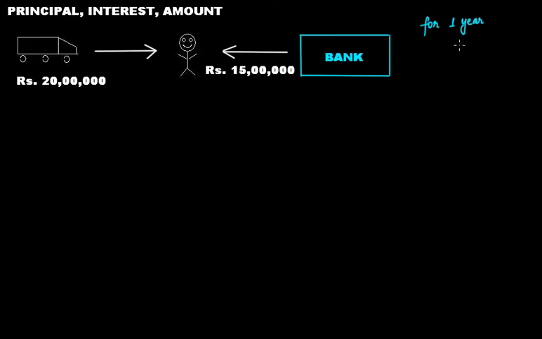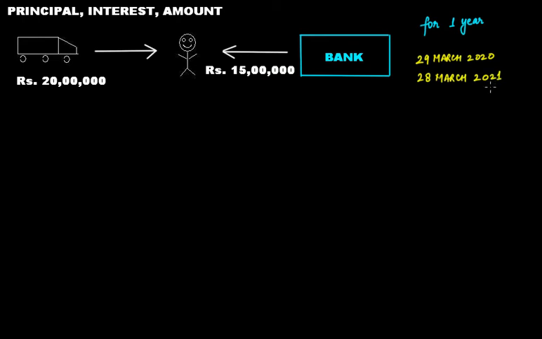year. It means that if the bank lends you this amount, let's say today is 29th March 2020, you have to pay this amount back to the bank by 28 March 2021.